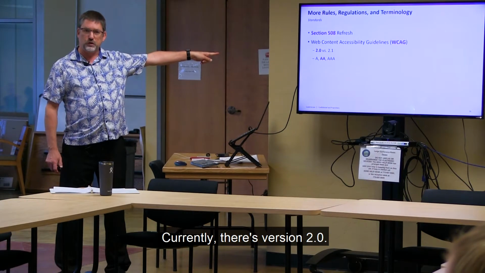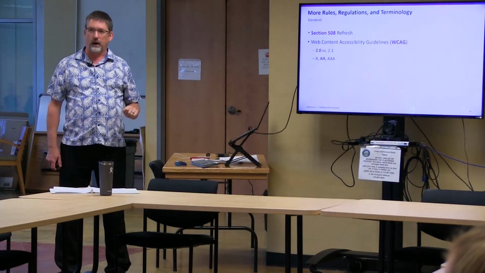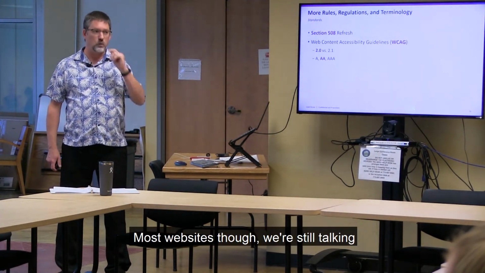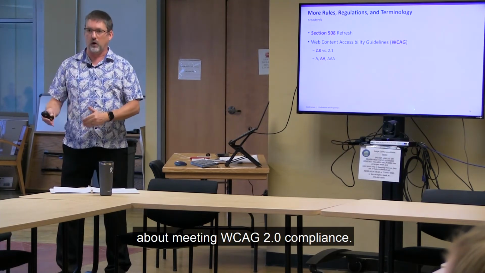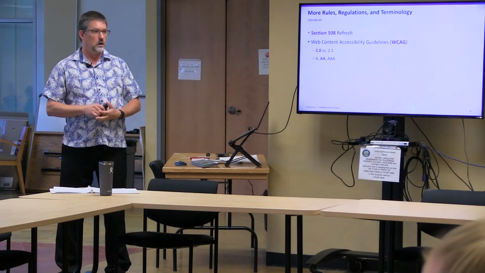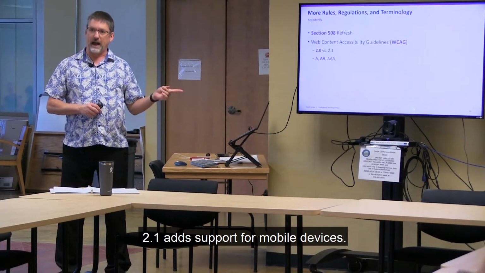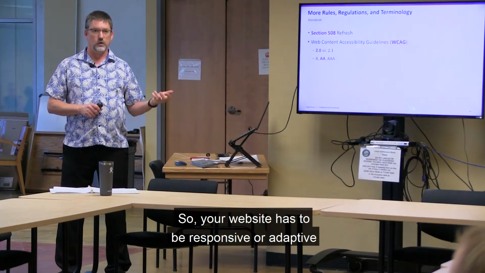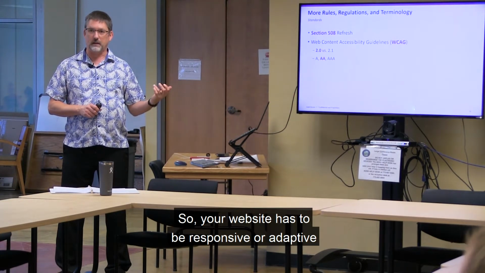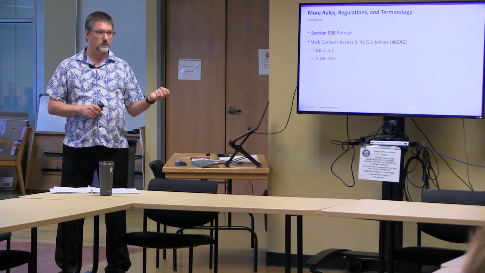Currently there's version 2.0. There's also a version 2.1. Most websites, though, we're still talking about meeting WCAG 2.0 compliance. 2.1 adds support for mobile devices. So your website has to be responsive or adaptive to a mobile device.